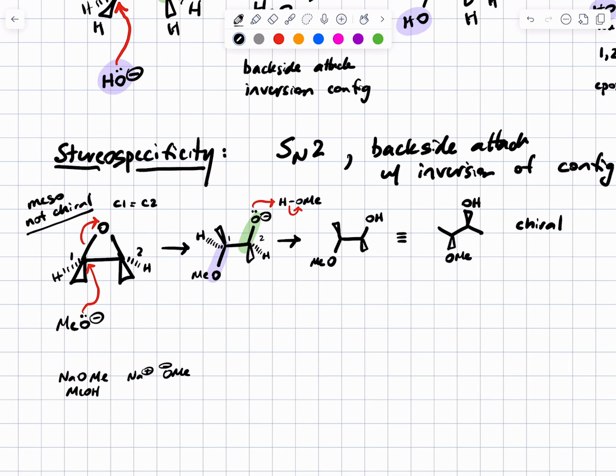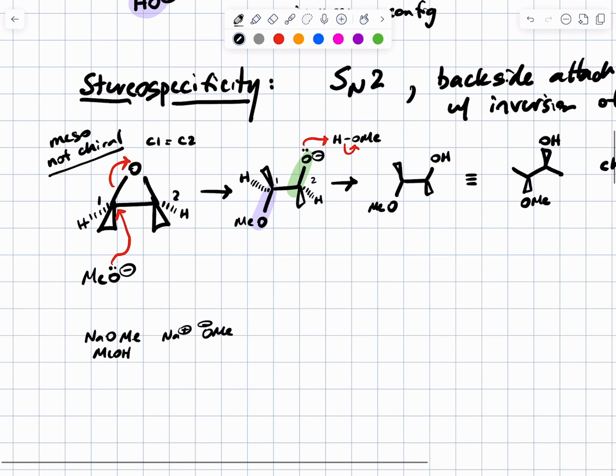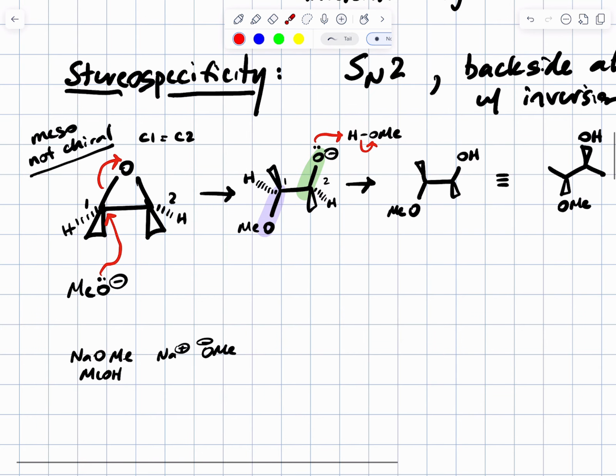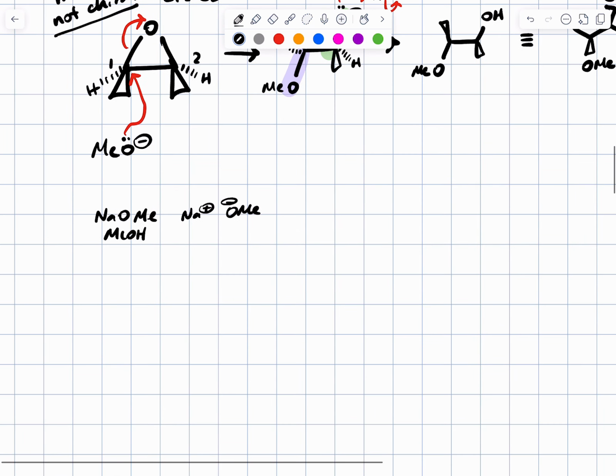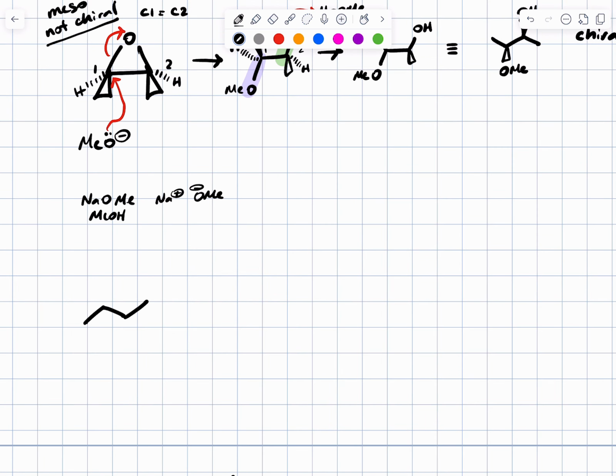Go ahead. I'm kind of confused on how the stereochemistry changed. Yes, it has changed because these groups are pointing in a different direction. The issue you're experiencing is when you've seen inversion of configuration before, we've drawn it where the leaving group was a wedge or a dash, and when the nucleophile comes in, we've showed backside attack like this.